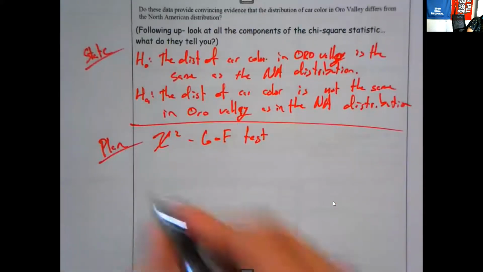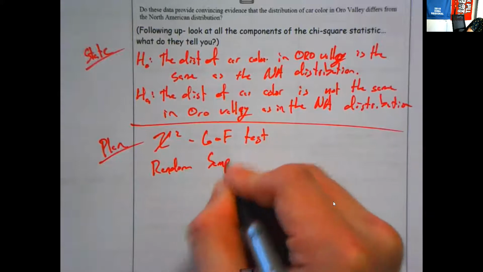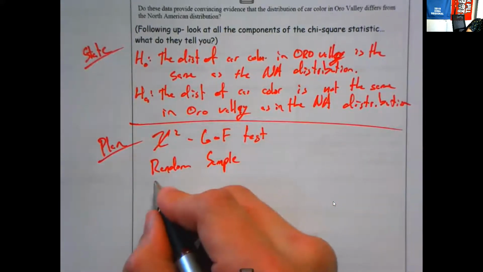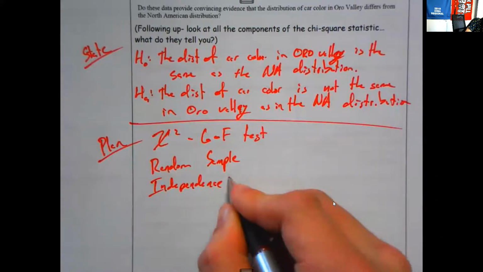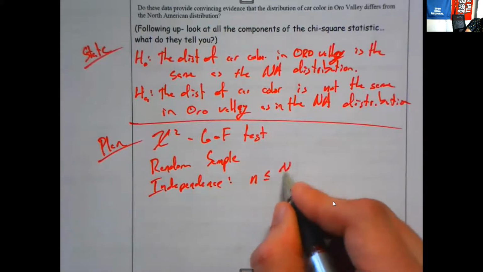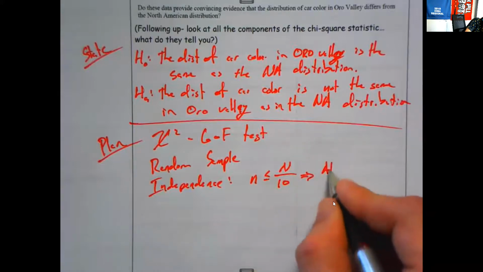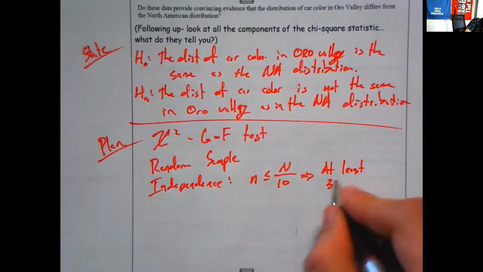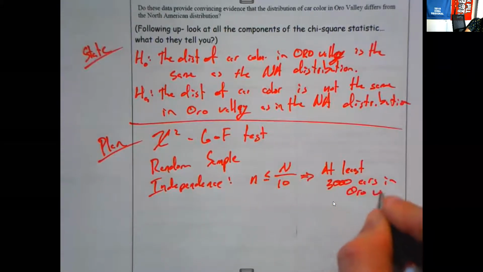Our three conditions are that we took a random sample. What else do we have? We have independence of trials. That is, our sample size is less than or equal to population size divided by 10. Similarly, we could say there's at least 3,000 cars in Oro Valley.